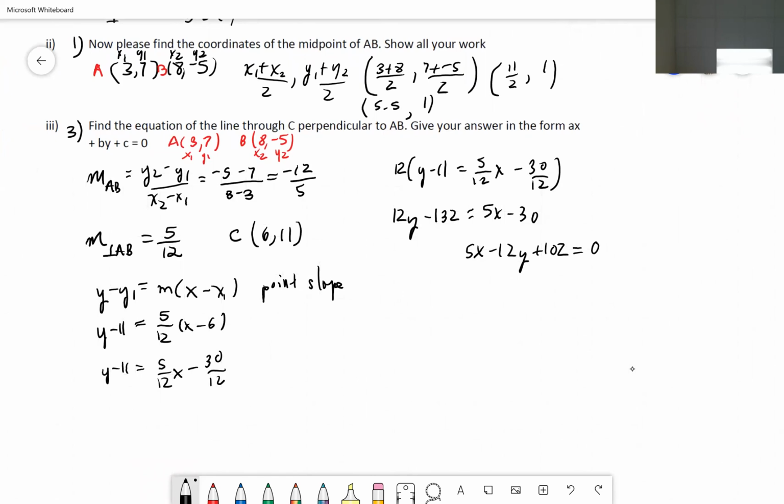Now, obviously, I'm not testing right now, so I can go to a Desmos calculator. I can quickly input this here and check my work. I'll write it in standard form: 5x minus 12y plus 102 equals 0, and it already plotted. I'm going to check if it has (6, 11) as a point, and it does.